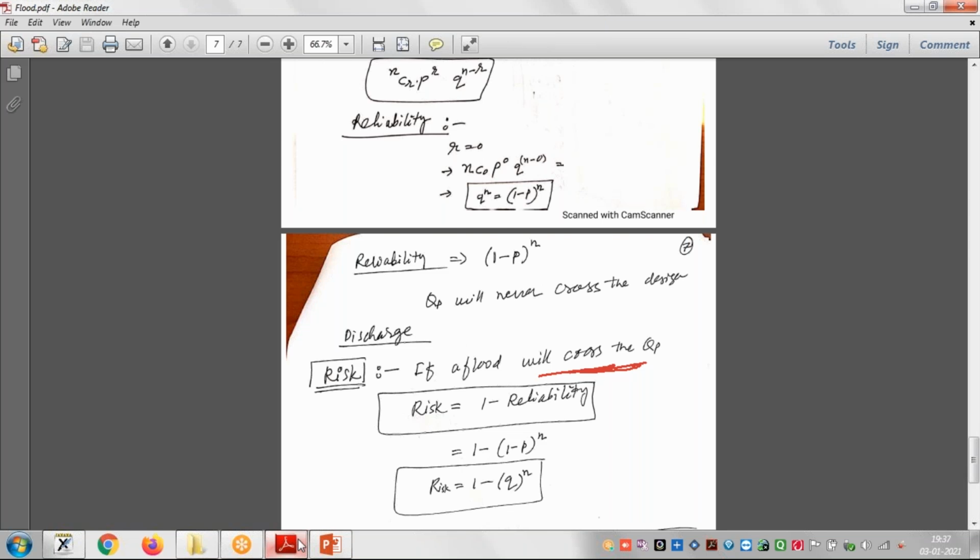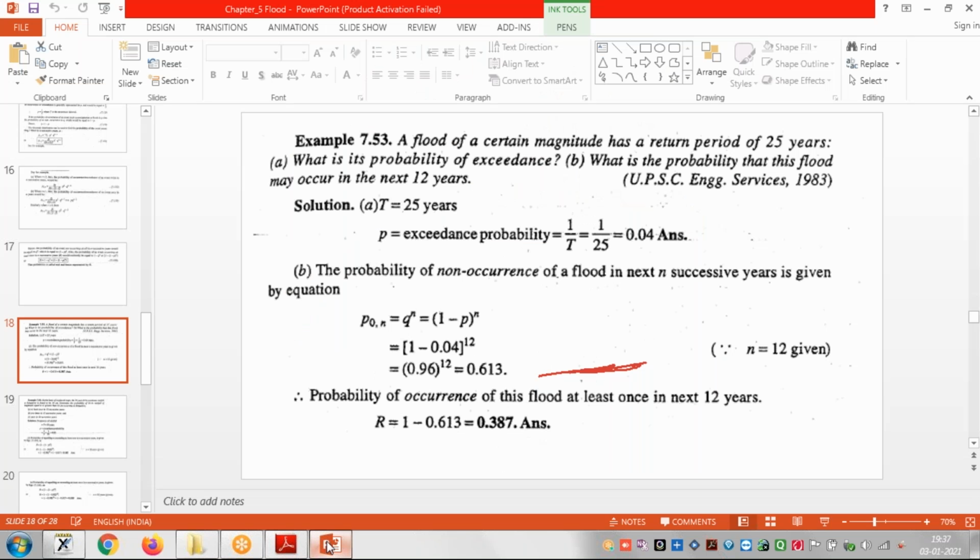I'll check once again. What is the probability that a flood may occur in the next 12 years? Means reliability.